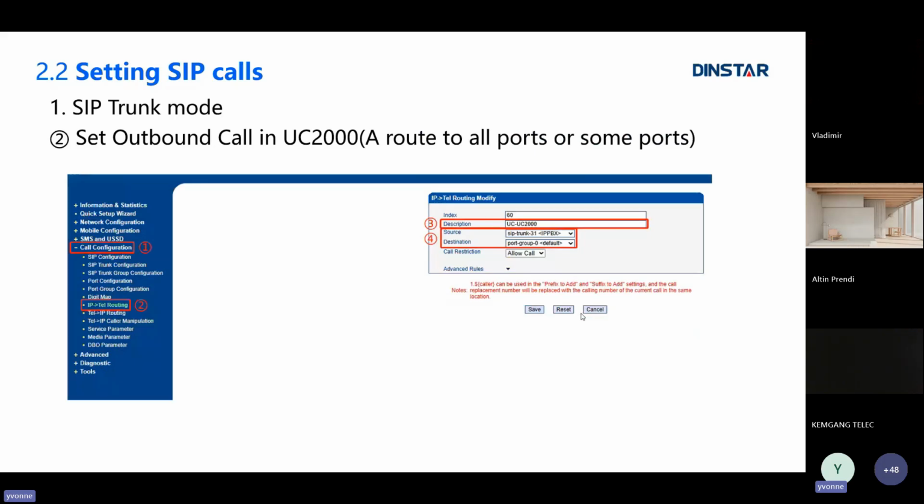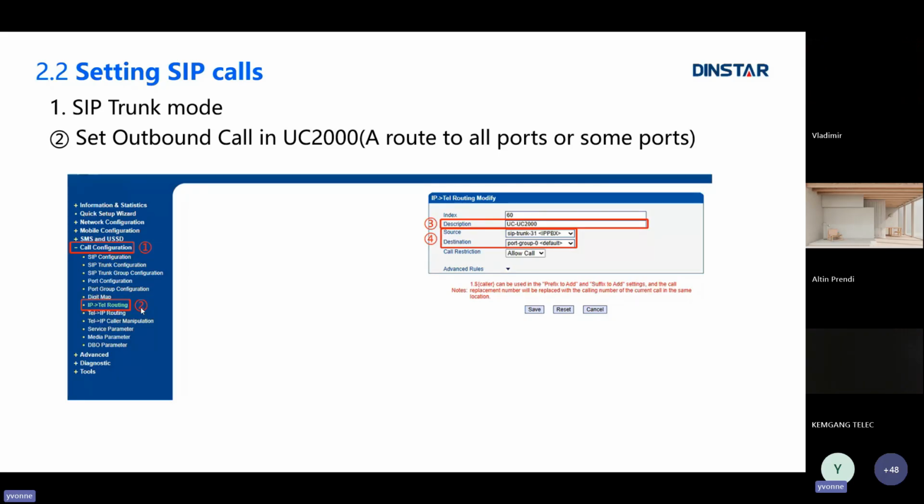After we finish creating the trunk, we do the core routing. We click the core configuration and choose the IP to tail routing. The IP to tail means the IP to the GSM and to the mobile network.